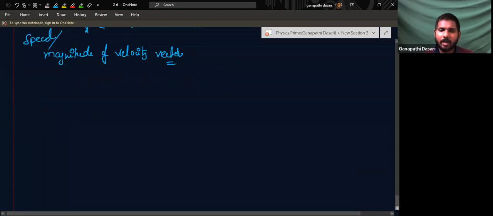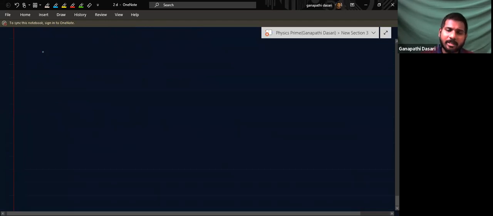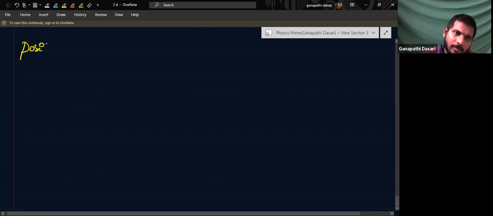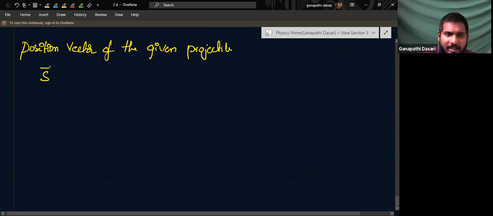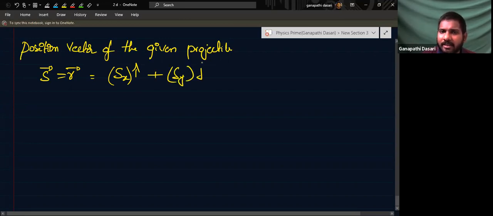Then how to write the position vector of the projectile. Again, the S vector, that is the position vector, or R vector as some people call it, is equal to Sx i cap, that means x-direction displacement i cap, plus Sy, the y-direction displacement, j cap.